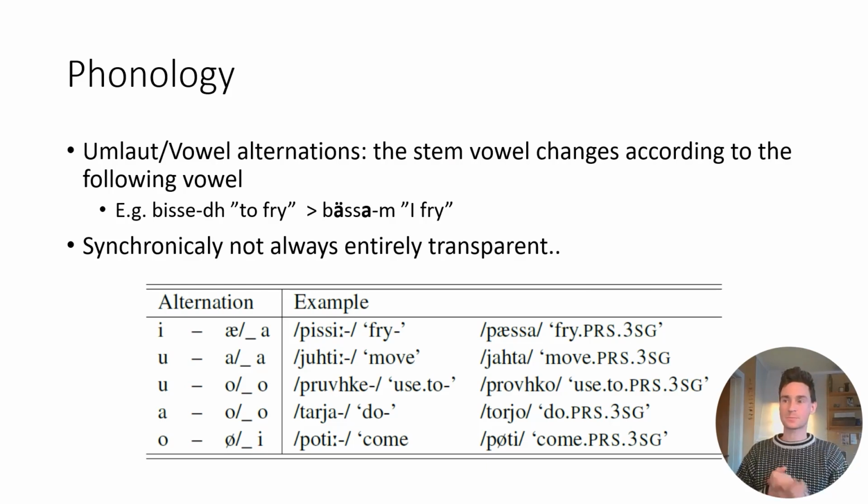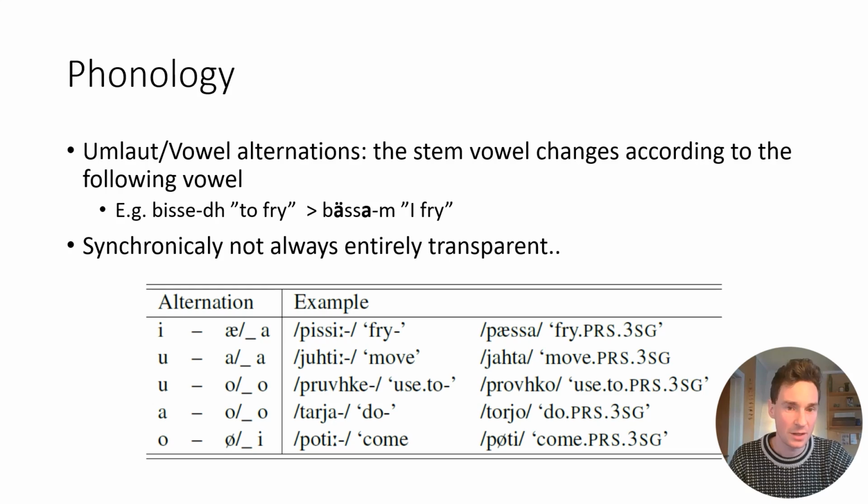South Sami is generally described as having lots of umlaut or vowel alternations, which is a change of the stem vowel that assimilates according to a following vowel.